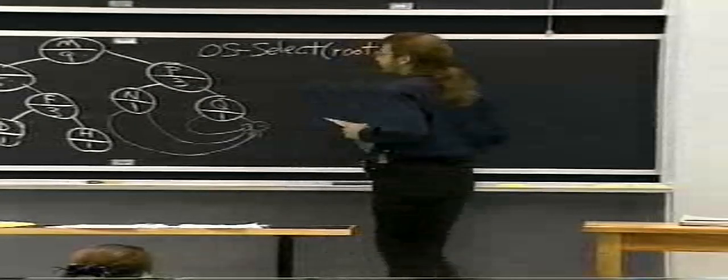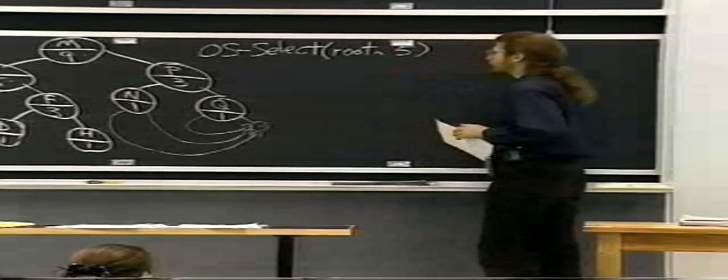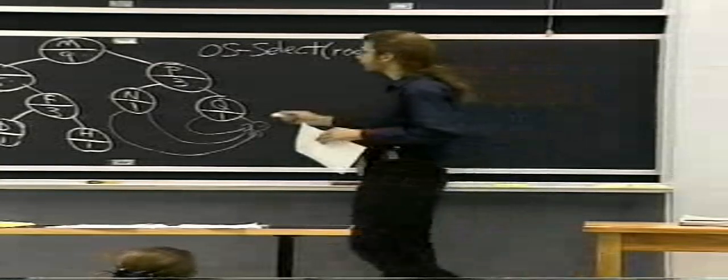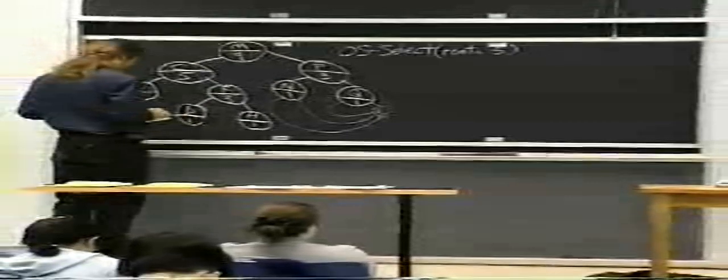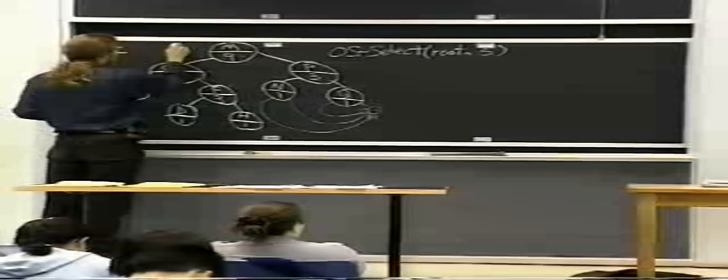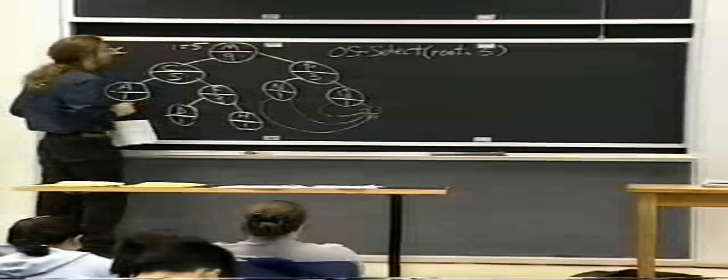Okay, so let's do an example here. Let's suppose that I want to select the 5th smallest element in here. Okay, so I'm starting with the root, and I want the 5th smallest, so i equals 5.